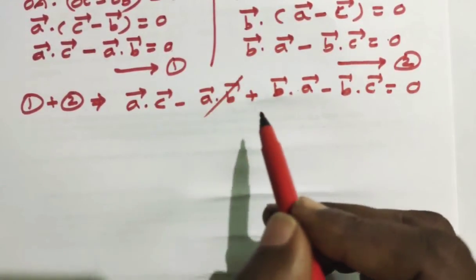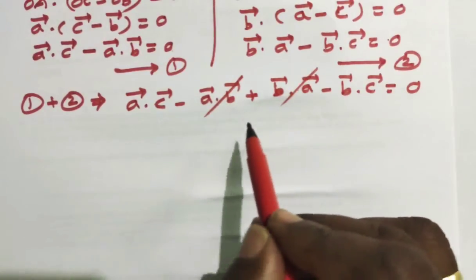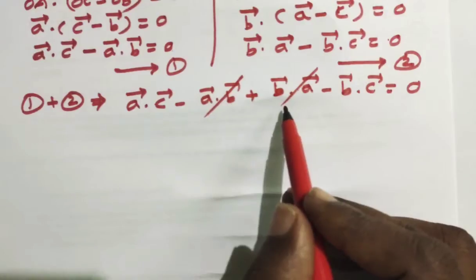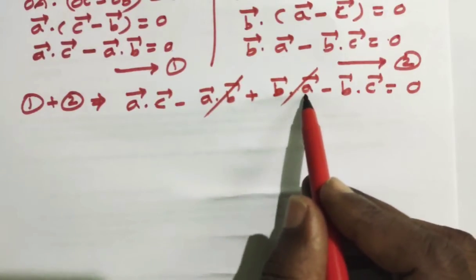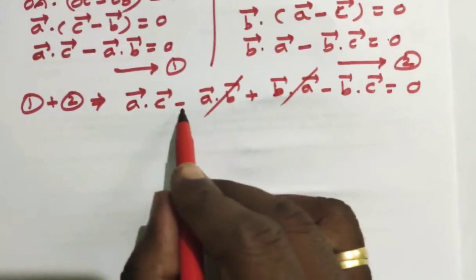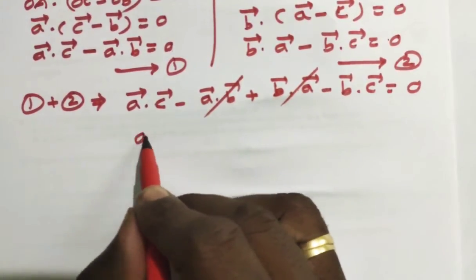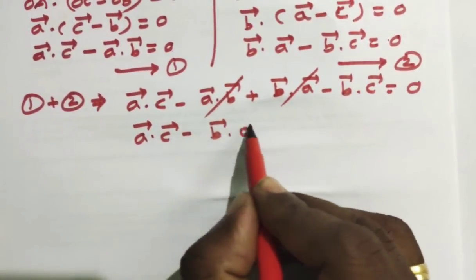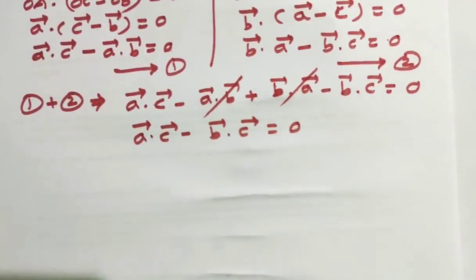Now minus A dot B plus B dot A can be cancelled because the dot product is commutative, that is, B dot A can be written as A dot B. So now here A dot C minus B dot C is equal to 0.